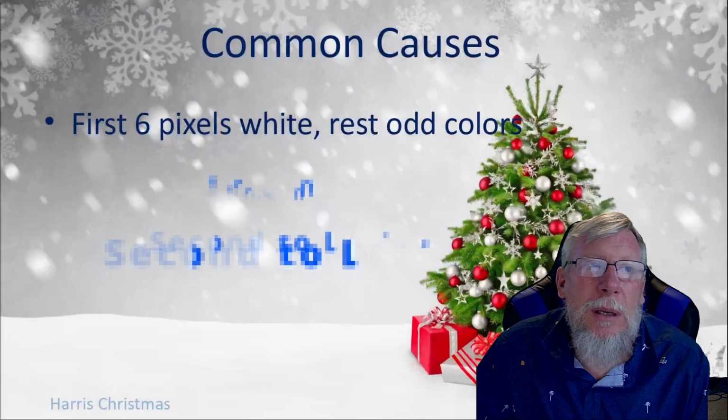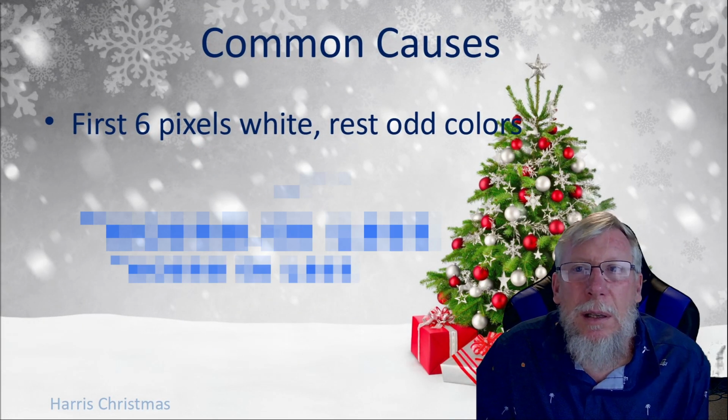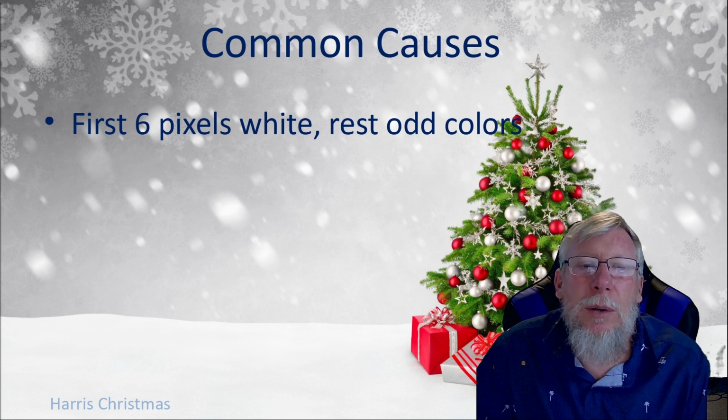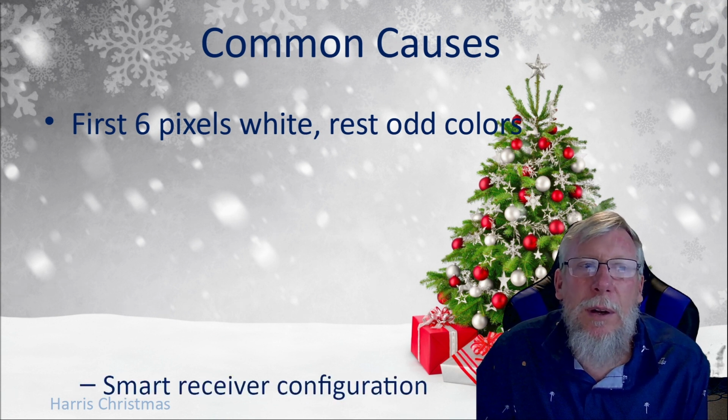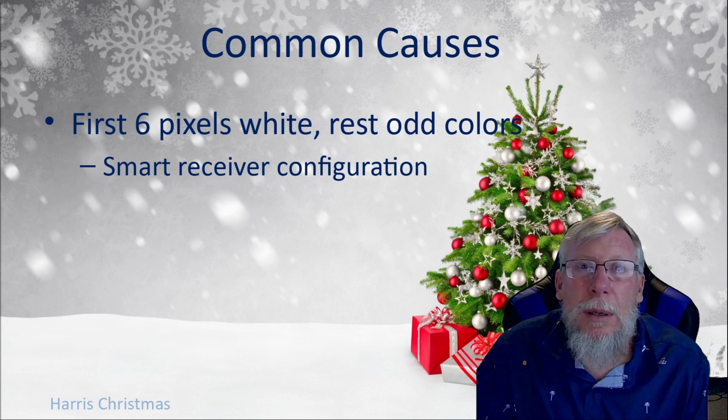And the last one is the first 6 pixels white and the rest odd color. This is because you have a receiver configured as being in normal mode, but you have the sending device, whether it's xLights or whatever, saying that it's a smart receiver.